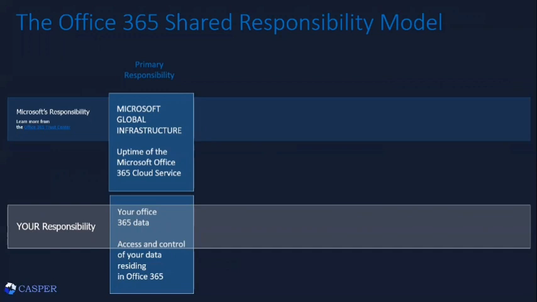So they're responsible to make sure that it runs all of the time. Then your own responsibility is for your Office 365 data, as well as access and control of your data residing in your Office 365 tenants. You're responsible for how people access the data that exists in your tenants, and for placing control measures on the data that you have put in your tenants.